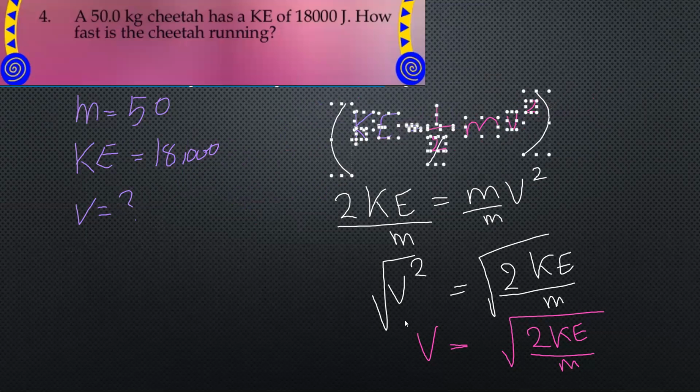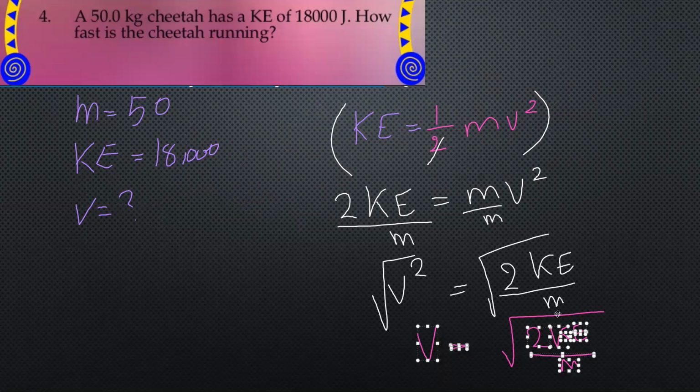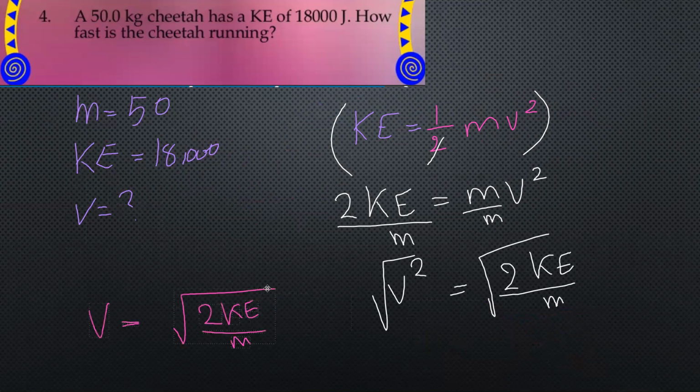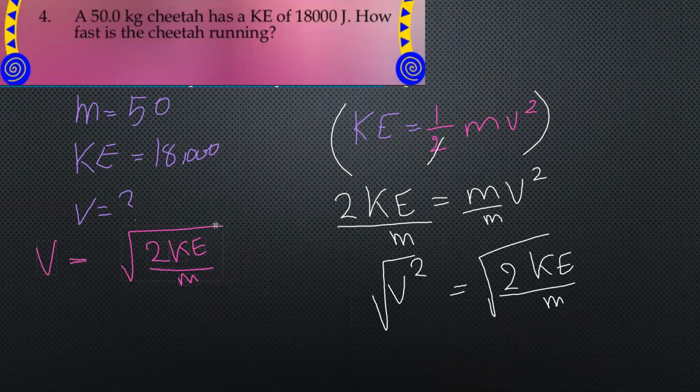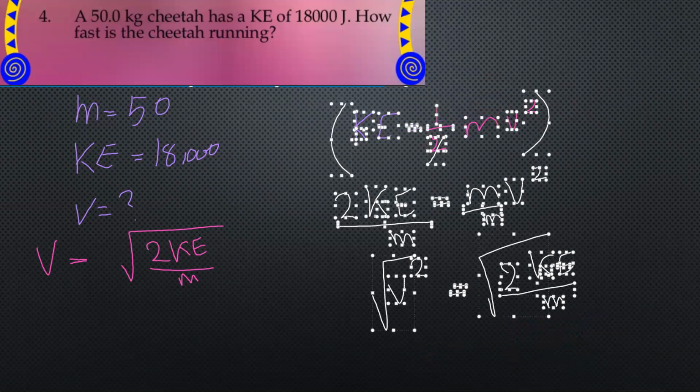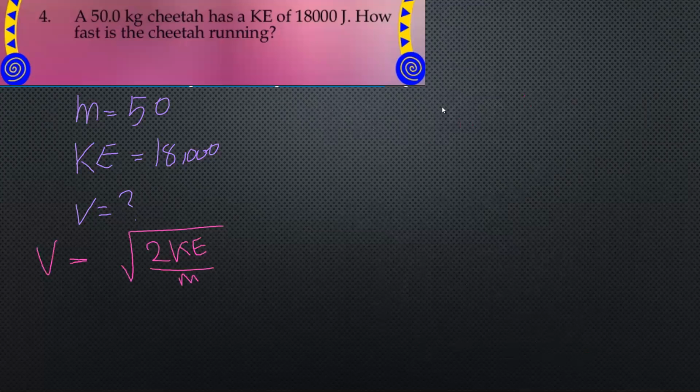Or you can use the one that I derived now. They are the same. So let's find it this way. The velocity here is the square root of 2 times the kinetic energy over the mass, which is 50.